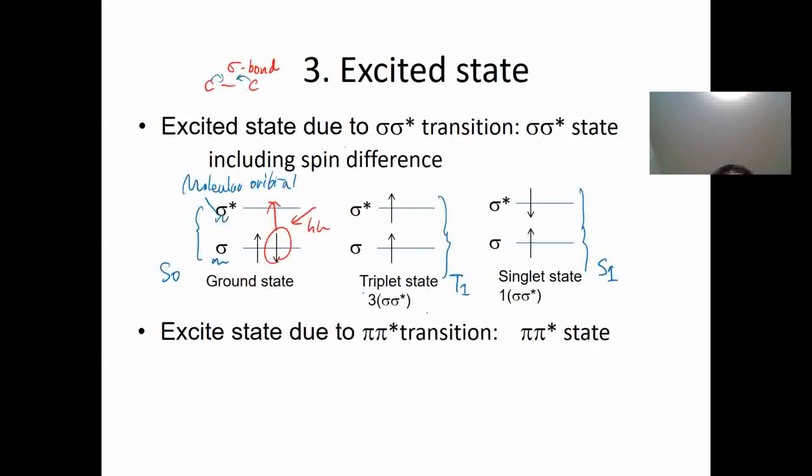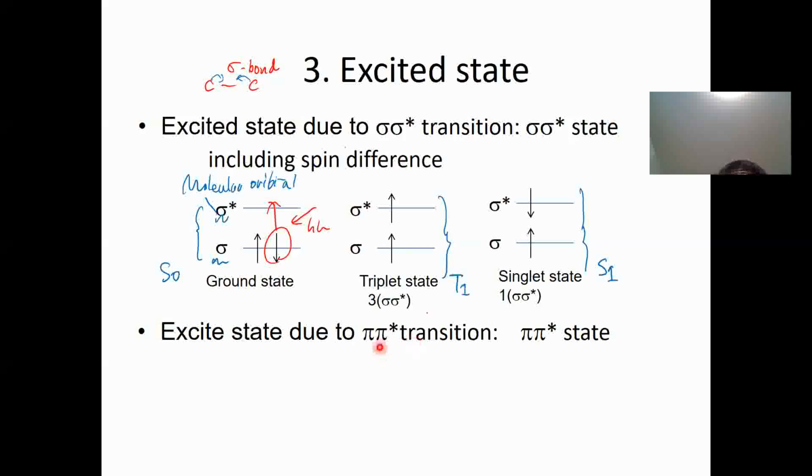Similarly, we have now thought about the sigma bond case, but when we think about the pi bond, in the case of ethylene for example, you have pi and pi star states.